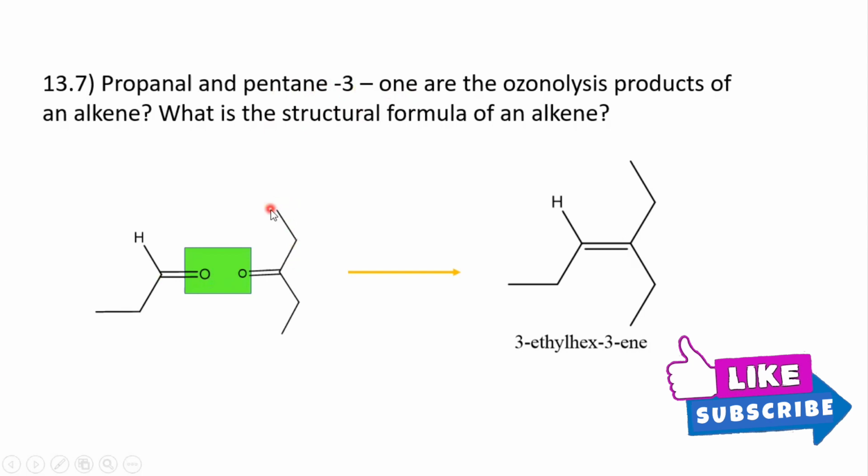That is a ketone. So 1, 2, 3. At the 3 position, we have a double bond to O, 4 and 5. So simply you align the molecule on the paper like this, and then remove this oxygen and write it. So the product that we are going to get is 3-ethyl hex-3-ene.